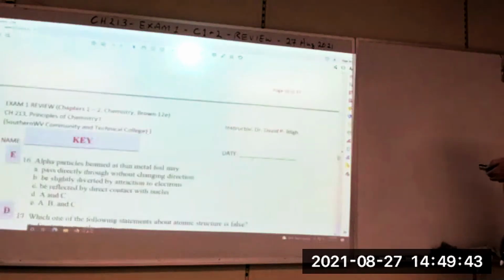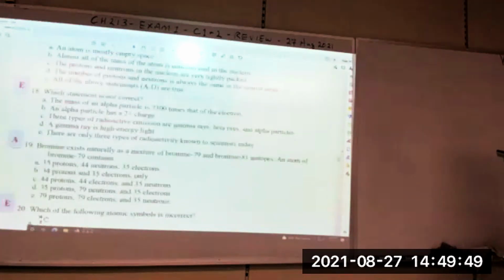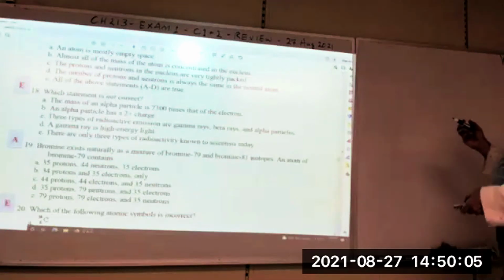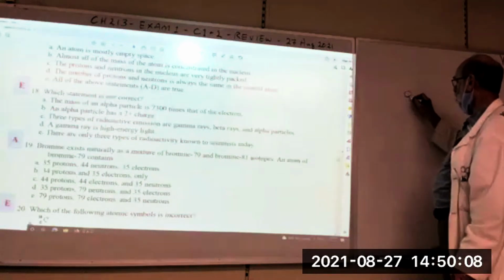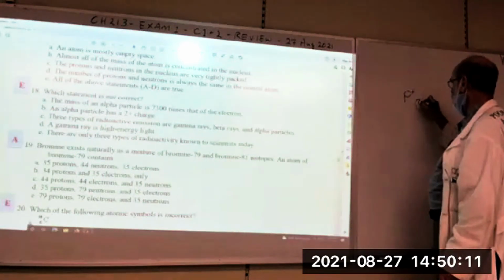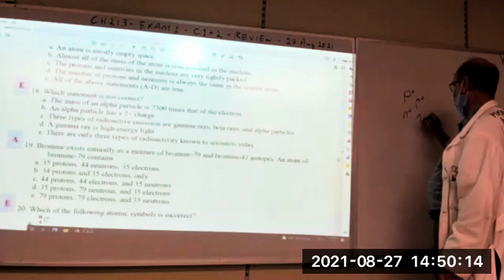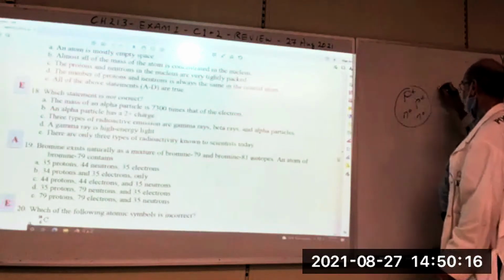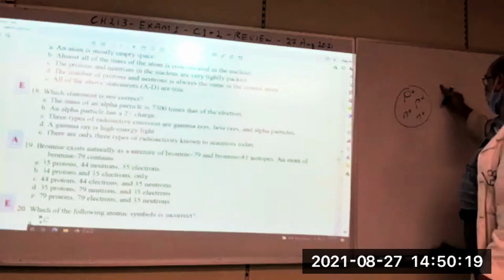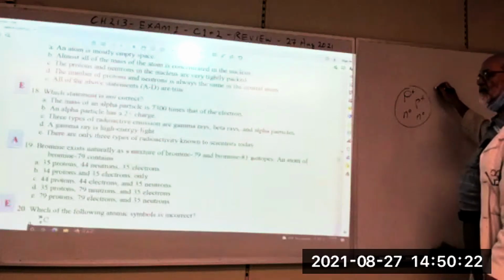Oops. Let's see. Now we've already done that. Let's see, which statement is not correct? The mass of an alpha particle is 7,300 times that of an electron. I guess. I don't know. The alpha particle is a helium nucleus, so it's got two protons, two neutrons, and it's got a charge of 2 plus.